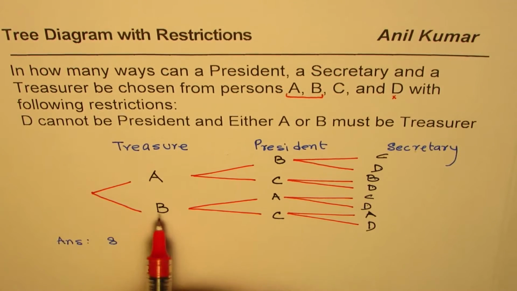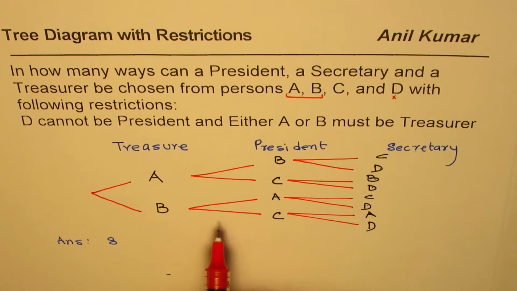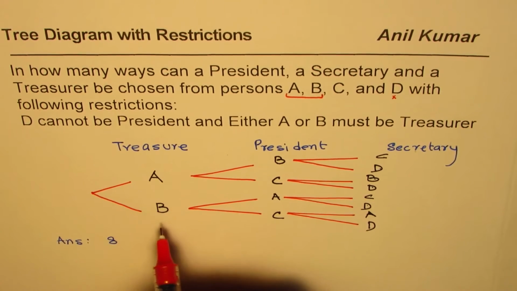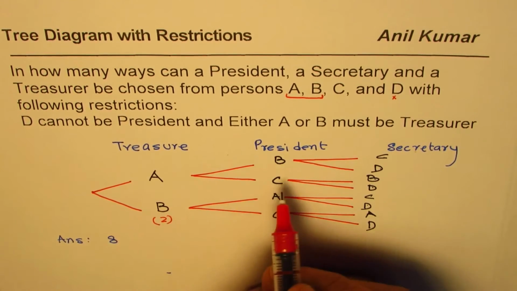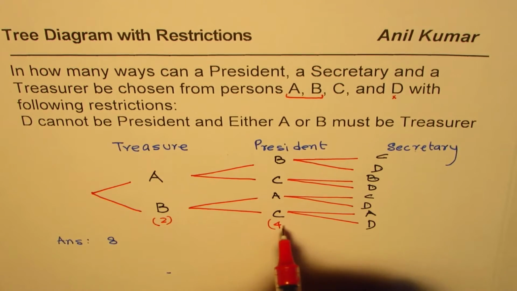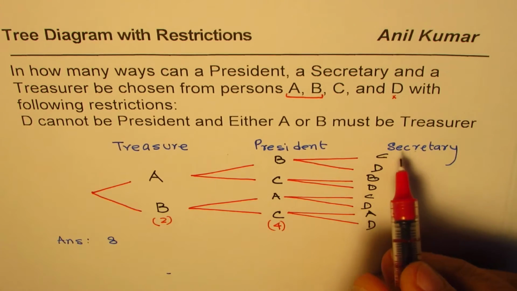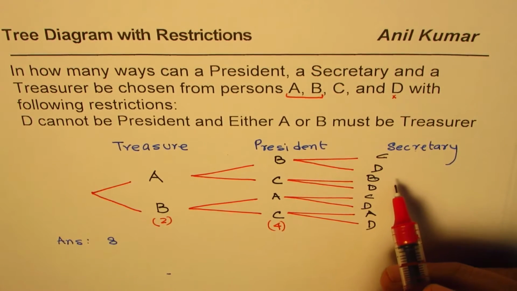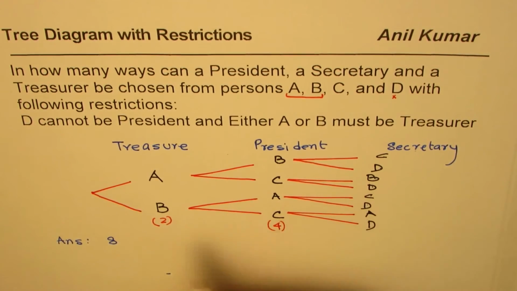You can also at this stage apply the multiplication, right? So we have 2 choices for treasurer, 2 for president, and 2 for secretary. When you multiply them, we get 8 combinations in all, right?